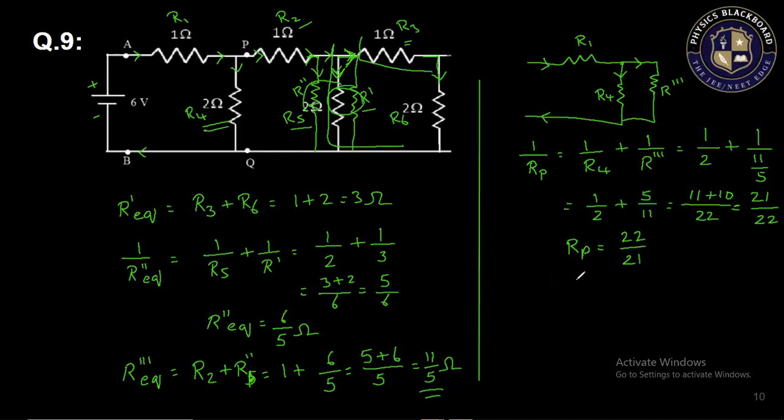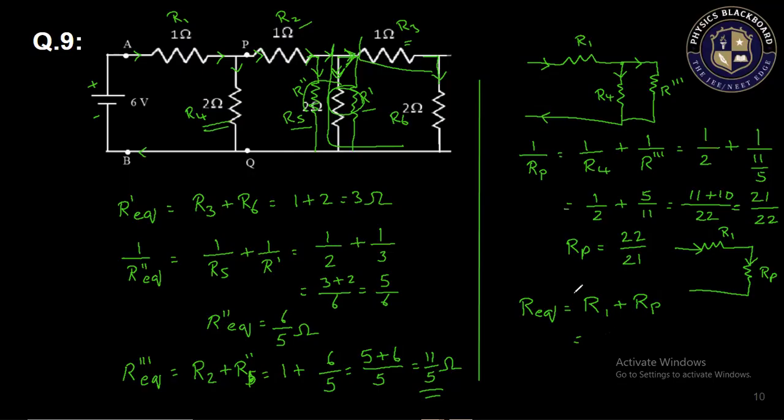Yes, finally, what happens here? If you redraw this, let's say this is RP now, okay? And this is R1. Now tell me, the current which is passing through R1 and RP is the same. The current is the same across these two resistors, so those two are now in series connection. So finally, R equivalent is equal to R1 plus RP.